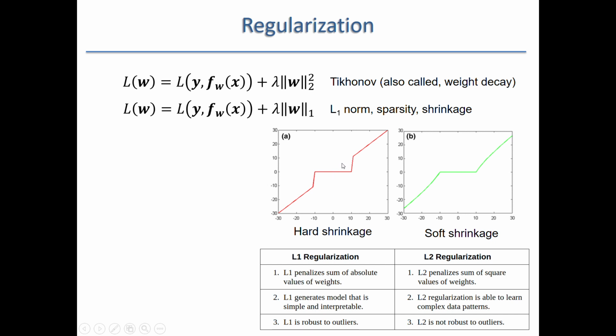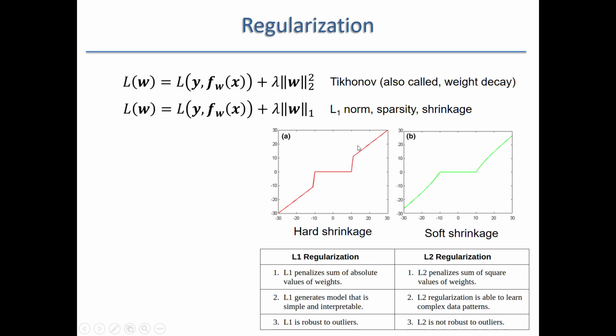But this creates a discontinuity, because you will only have weights with values from -30 to -10, and then you have a gap. No weight has a value between -10 and 10, and then again you have weights between 10 and whatever.